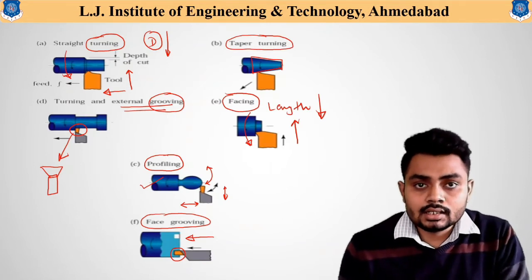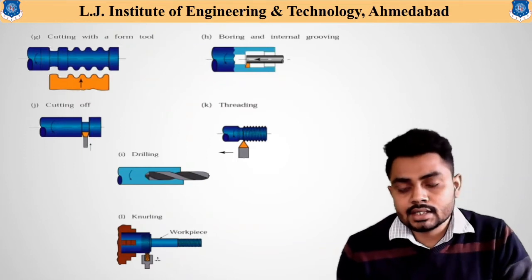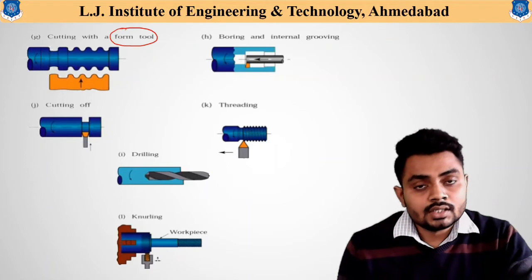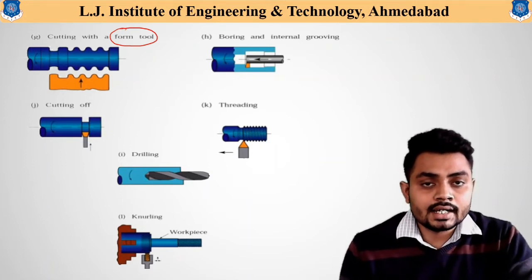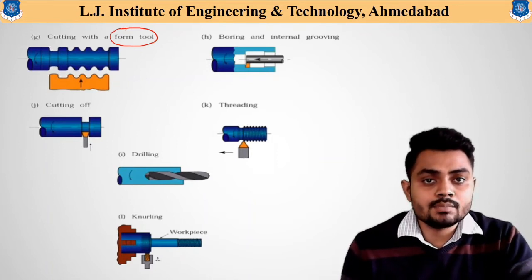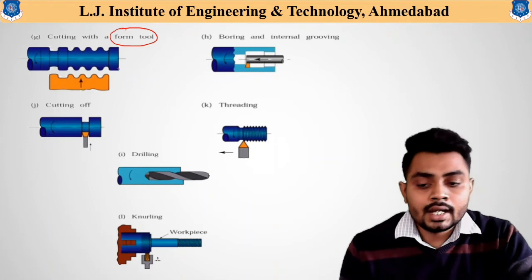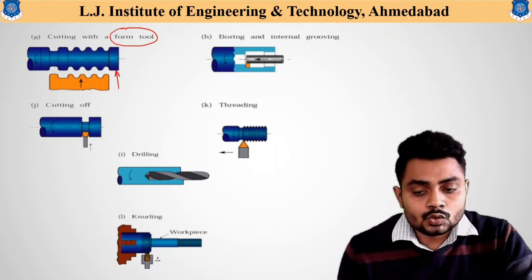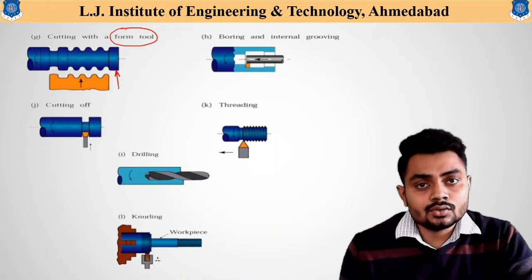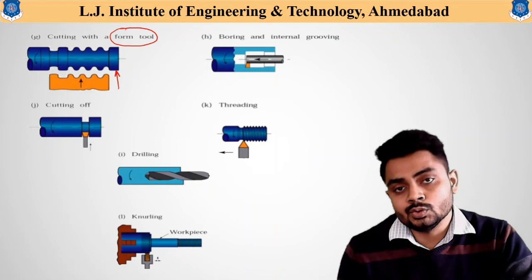Now the next lathe operation is cutting with a form tool. That means whatever design or cutting shape is required on the workpiece, a similar type of opposite shape is generated on the cutting tool, and this cutting tool is fed towards the workpiece, and as the workpiece is rotating, this cutting tool generates the similar shape as that available on the cutting tool.